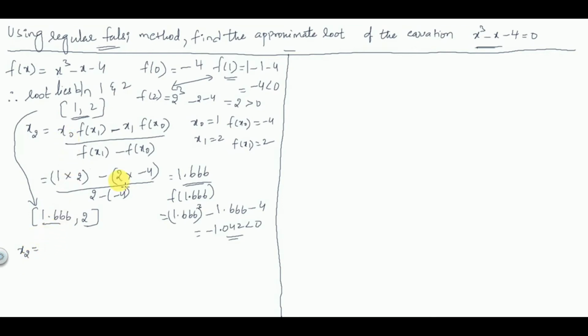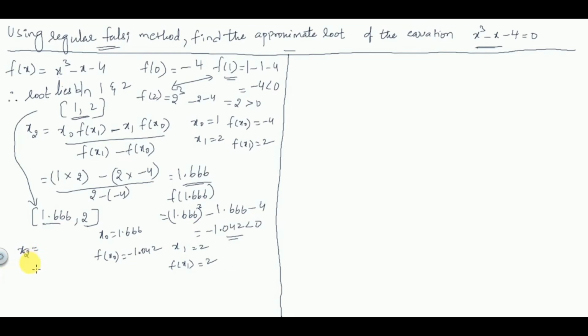So x2 is given by x0, so now x0 is 1.666 and f of x0 is minus 1.042, x1 is 2 and f of x1 is also 2, because f of 2 value is 2 only.